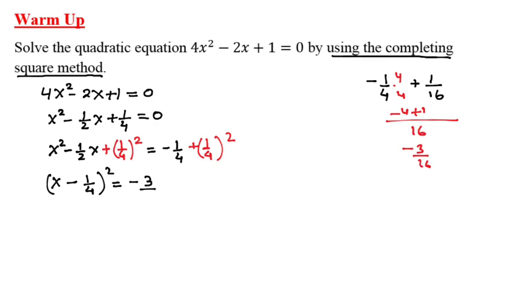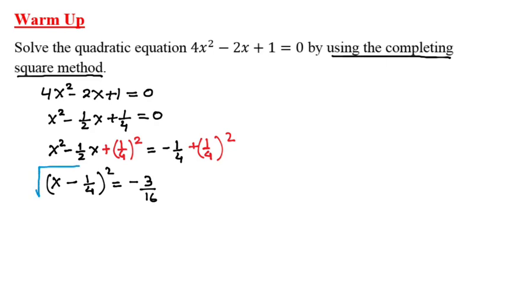Now in this step, we can take the square root on both sides. And when you take a square root on both sides, we take the plus or minus.